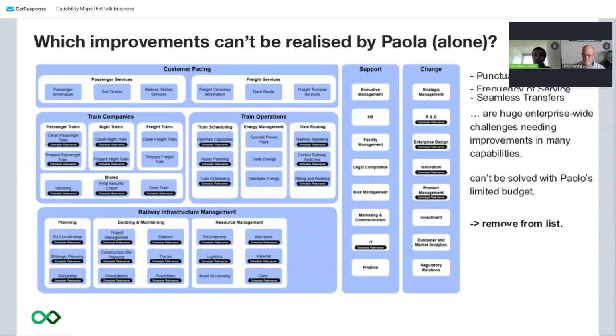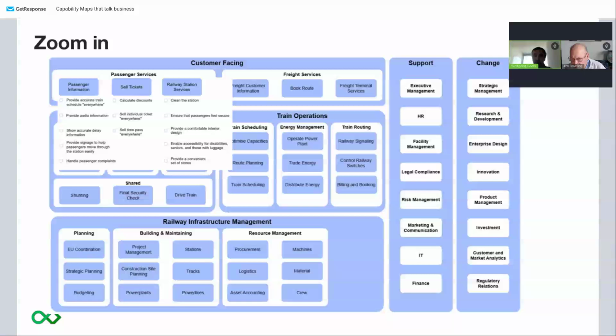So in that situation, she removes that from the list. And then the second step she does is she zooms into it. She tries to assign those ideas from AI or other sources to the level 3 capabilities here. So now she drills down into passenger services and says, okay, passenger information.